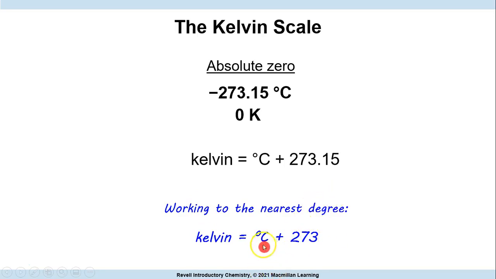And likewise, if you have to convert from Kelvin to degrees Celsius, you are going to say that is Kelvin minus 273. So that is how you convert between degrees Celsius and Kelvin.